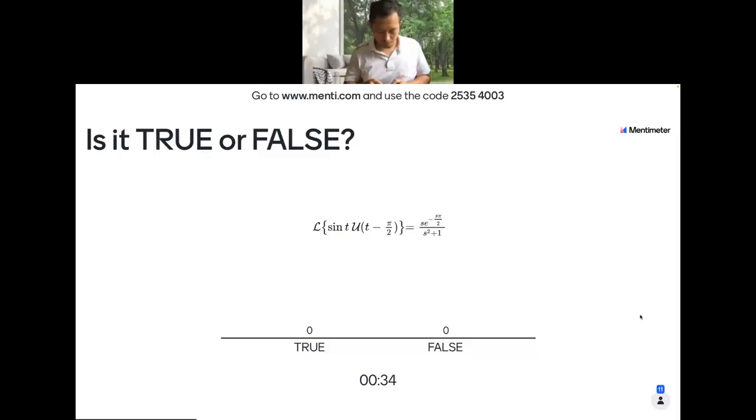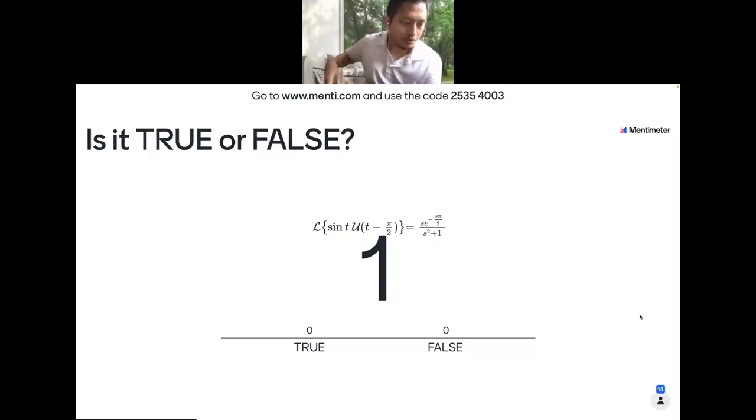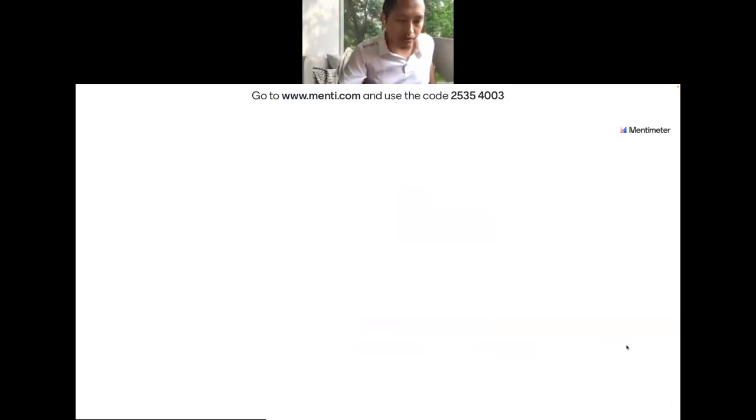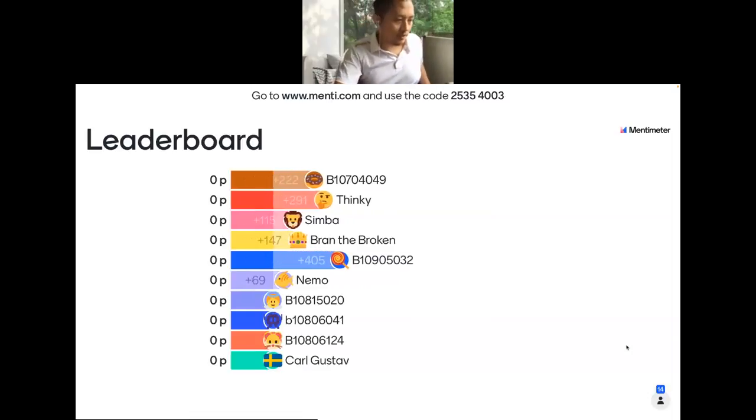Okay, 5, 4, 3, 2, 1. Okay, it's true. Remember sine, you can change the cosine with complementary pi over 2, so it's just a cosine. It becomes a cosine.